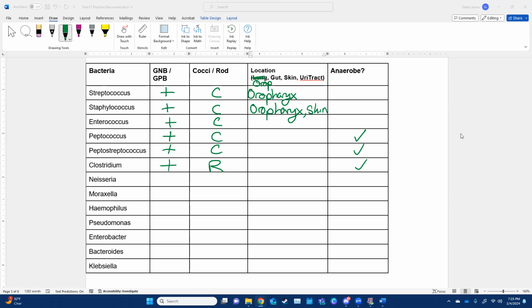All right. How about Enterococcus? Where can we find Enterococcus? Gut. 100% the gut. Peptostrepto and Peptococcus. Where do we find those?